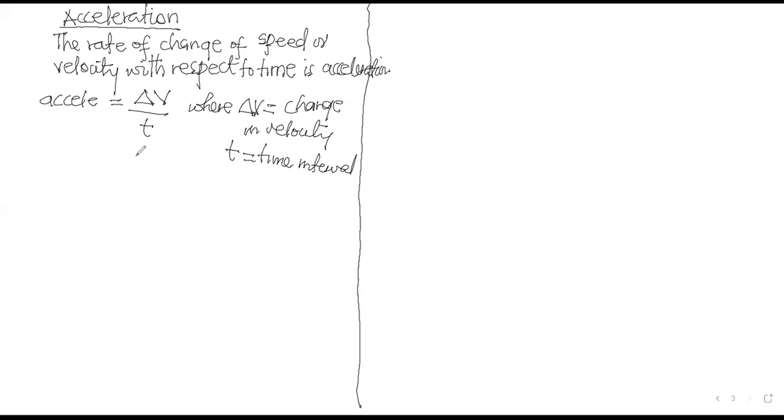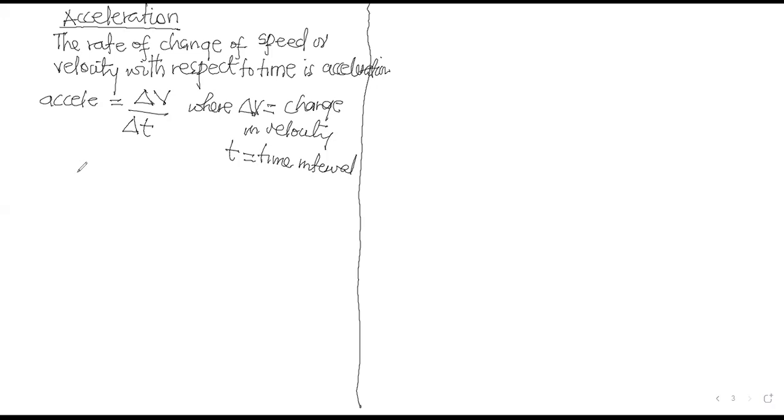So please, T is not just a time, but there must be an interval between two times. So we can also define T as delta T, and you will understand it very well when we start solving problems.